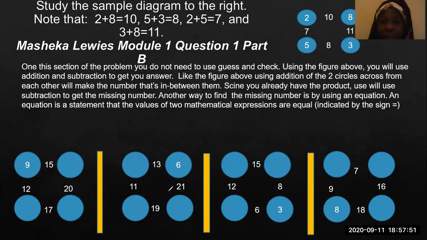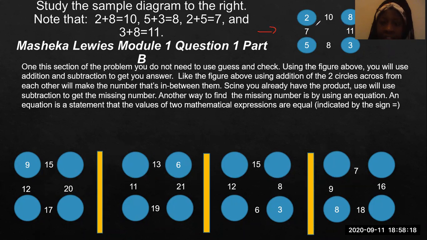Okay. In this question, we have to look at the example that is given to us. And when we look at the example, we notice that, like I said in the question, 2 plus 8 is 10, 2 plus 5 is 7, 5 plus 3 is 8, and so on. So to solve these diagrams down here, we'll take the lead of this.